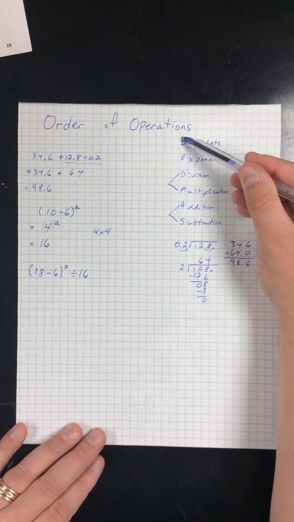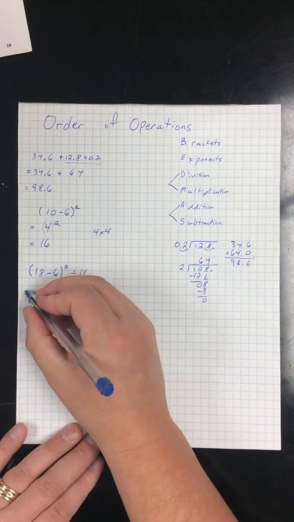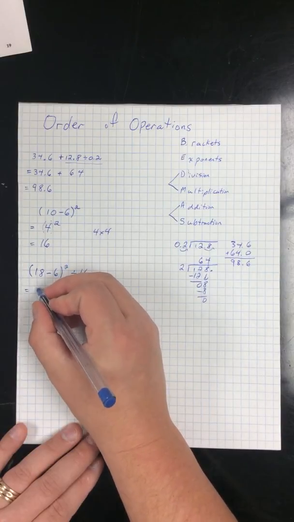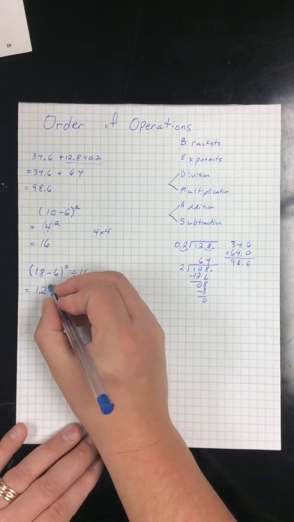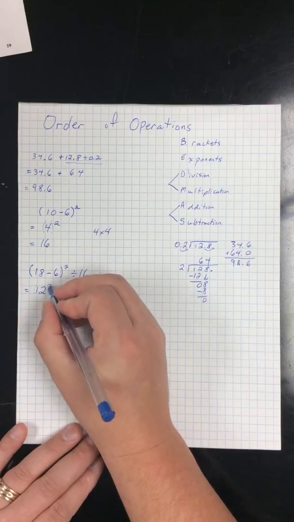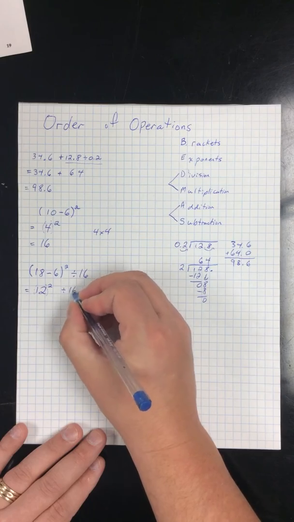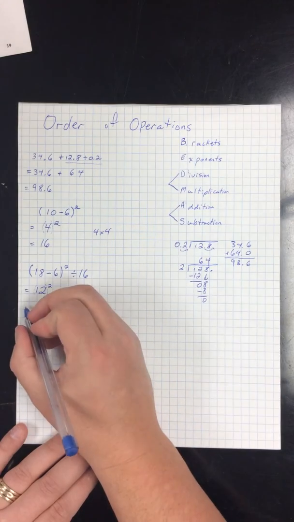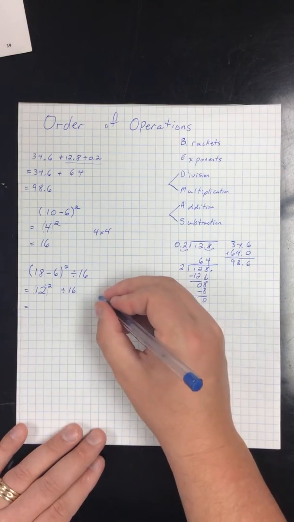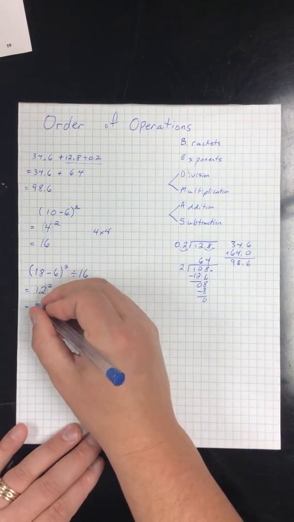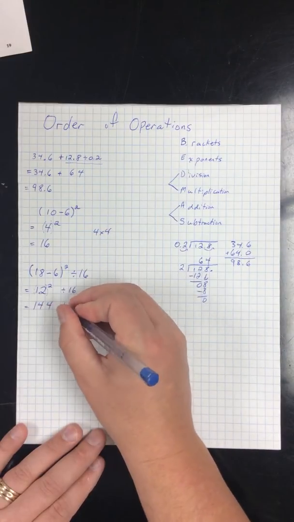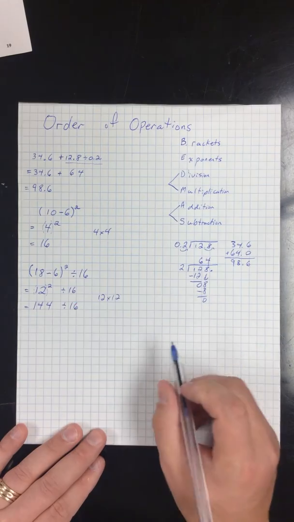The very first thing I'm going to do is brackets and whatever's inside of those. 18 subtract 6 is 12, and it's 12 with an exponent of 2. My brackets are sitting there, I don't need them anymore. Divided by 16, I can't forget to bring it down. 12 to the power of 2 means 12 multiplied by 12, which is 144, divided by 16.